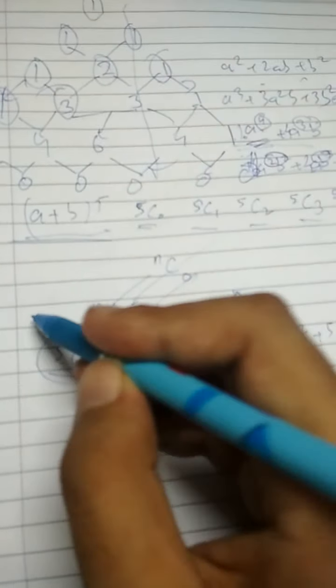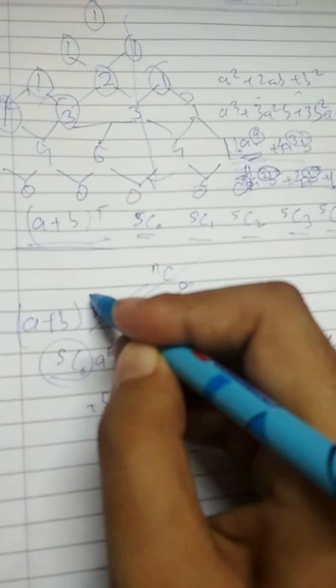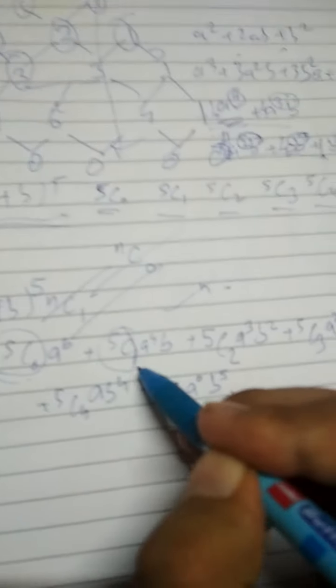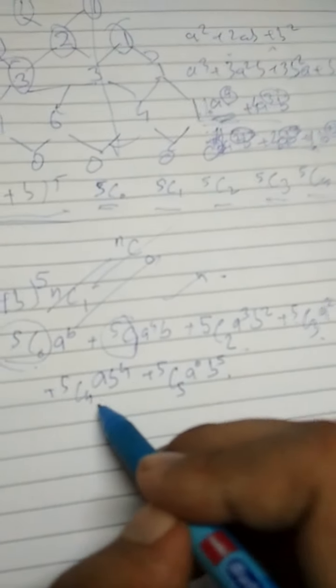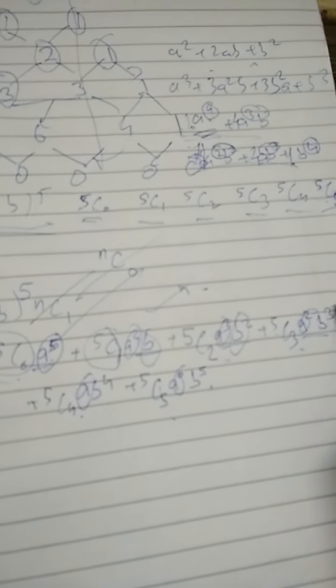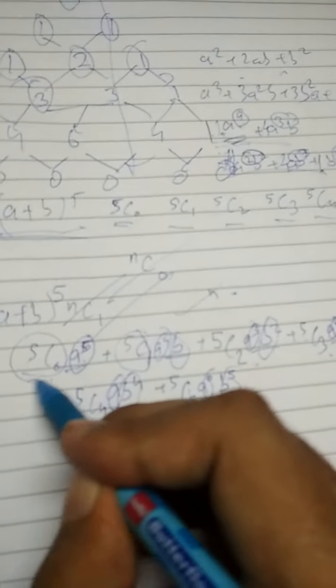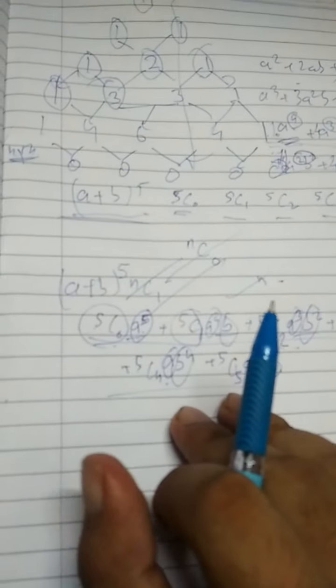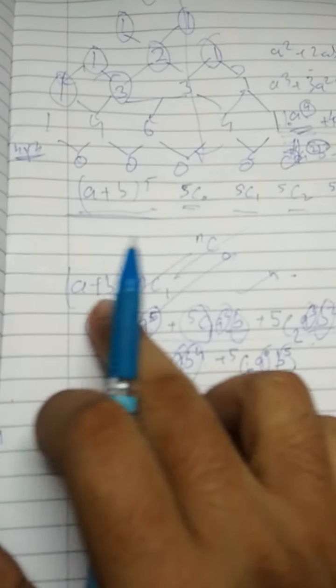We have a plus b to the power 5. The coefficients will be 5C0, 5C1, 5C2, 5C3, 5C4, 5C5. And we know how to get these terms. We keep on decreasing the power of a by 1, and we keep on increasing the power of b by 1. And we get all our terms. So this is how we find a plus b to the power 5.